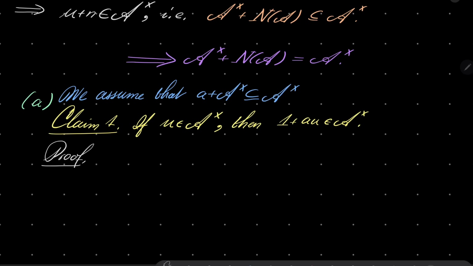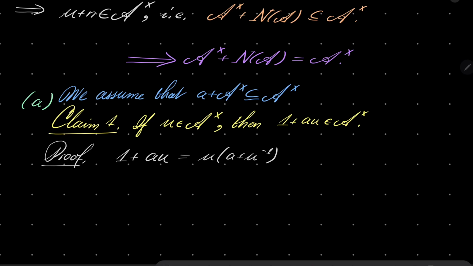All right, proof. Notice the following. Proof is very straightforward. 1 plus AU, we can actually factor out U. So it's U times A plus U inverse.